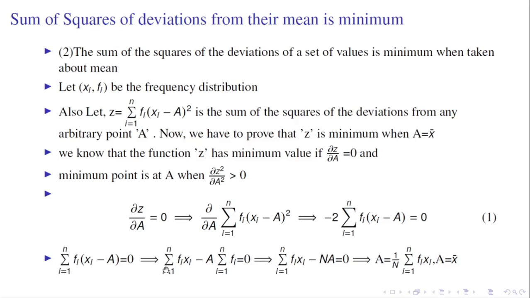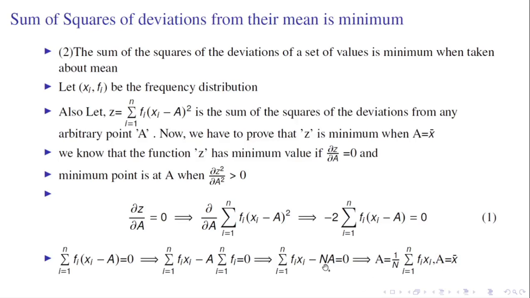Take summation fi inside, summation i is equal to 1 to n fi xi minus a into summation i is equal to 1 to n fi. This summation fi is nothing but n, the total frequency. This implies a is equal to, this goes to the right hand side, 1 by n summation i is equal to 1 to n fi xi.